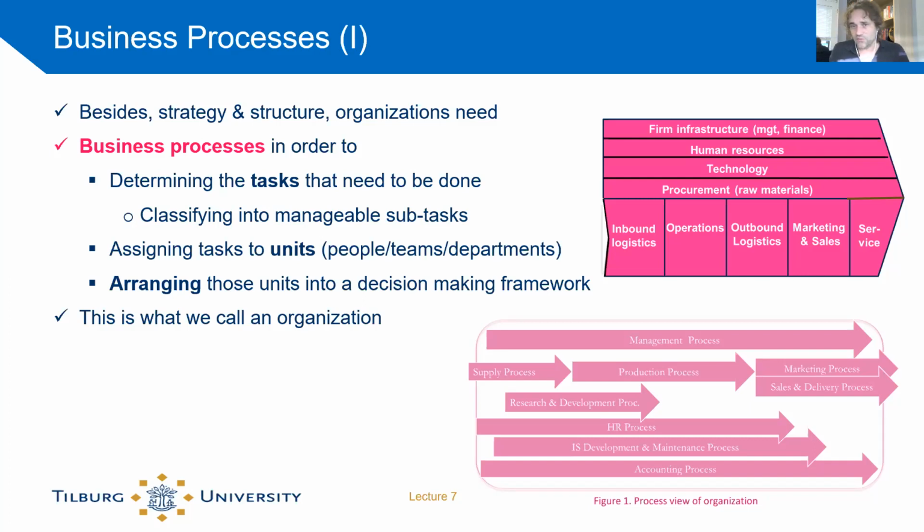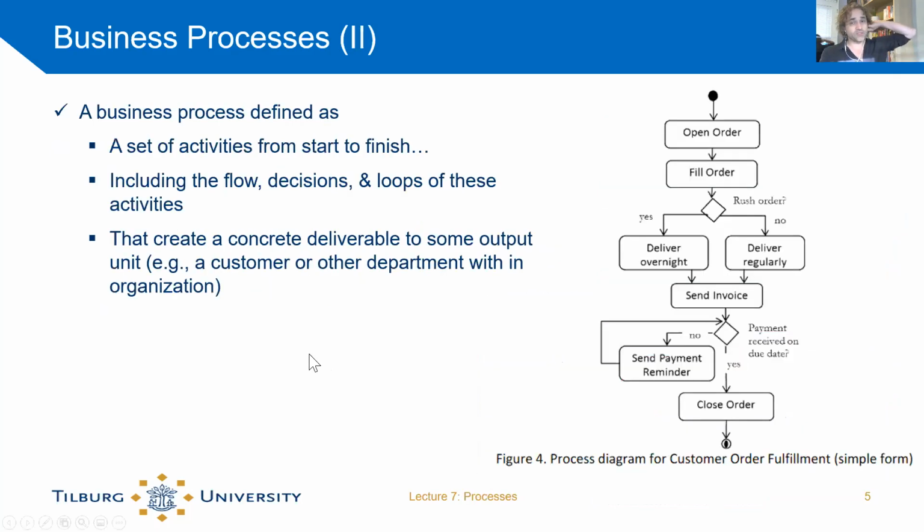So why is this relevant for us? Well, it's relevant because we need to know what an organization is, what defines an organization. But also because we can analyze processes in an organization and optimize those processes using technology.